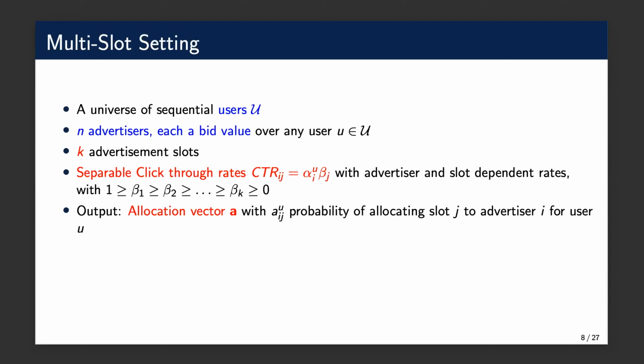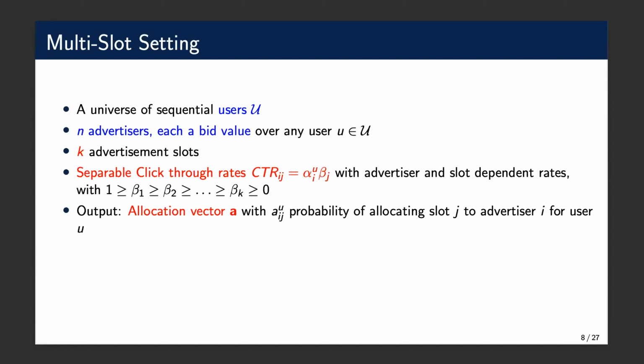So here this CTR_ij basically describes the probability that a certain user u is going to click on slot j when advertisement i is presented in it. And in this model, we can define it by these two dimensions, alpha and beta. So beta basically is the probability that slot j is clicked generally.